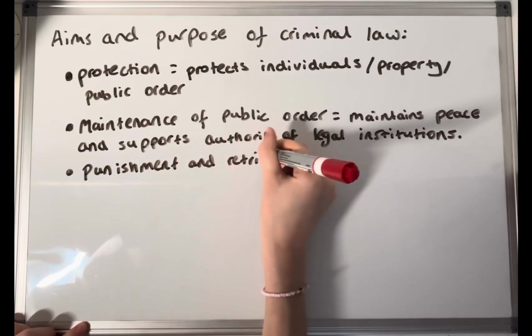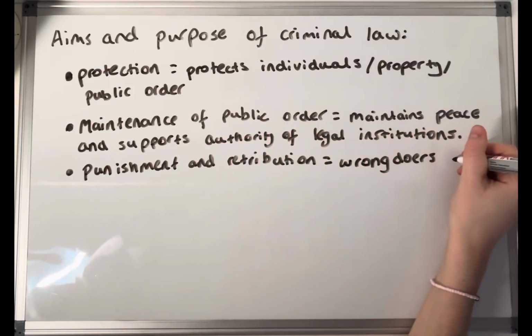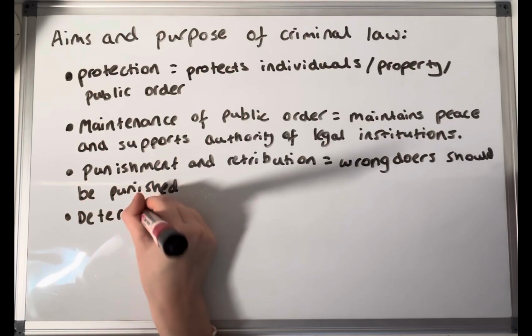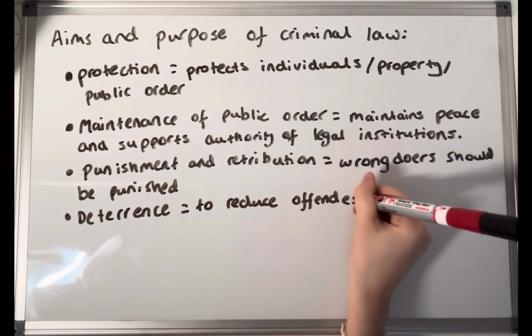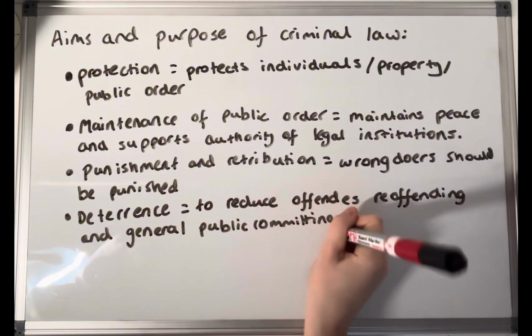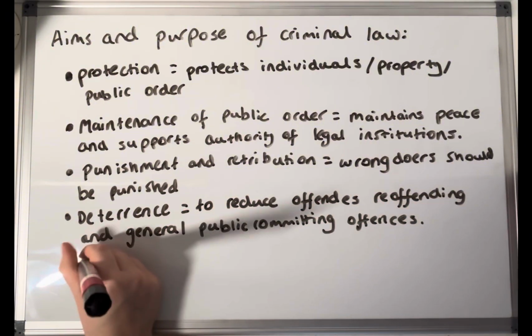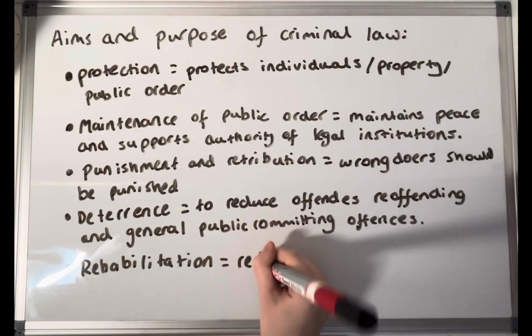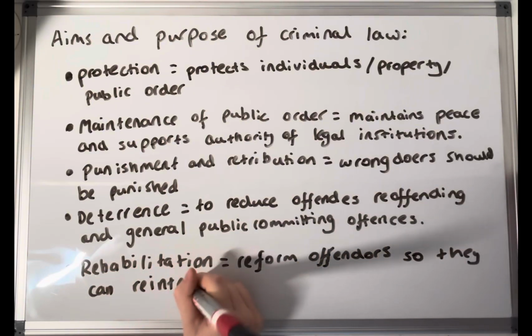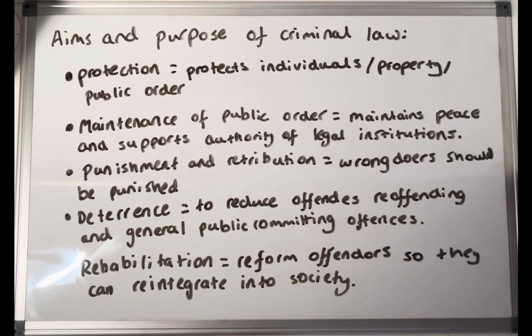Next is punishment and retribution, so wrongdoers should be punished basically. Next is deterrence, to reduce offenders reoffending, and the general public committing offences. Also rehabilitation in order to reform offenders, so they can reintegrate into society as individuals.